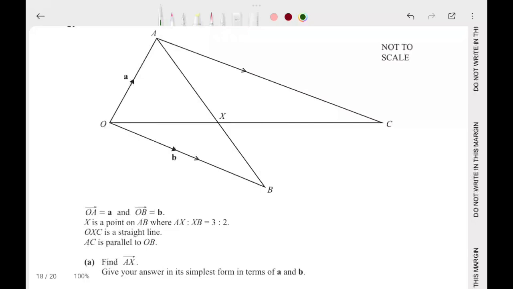OA is equal to a, OB is equal to b. So these are the vectors given. X is a point on AB, whereas AX ratio XB is equal to 3 ratio 2. So the ratio of AX is 3 and the ratio of XB is equal to 2.